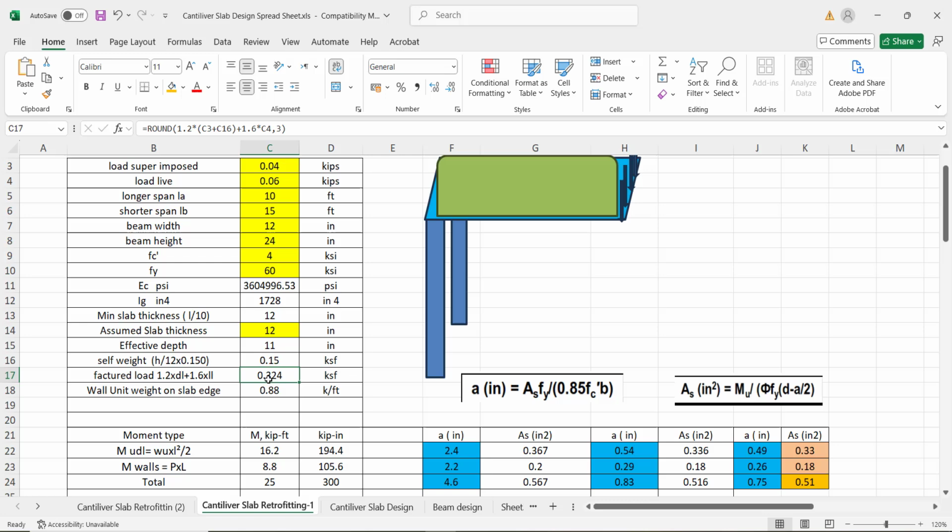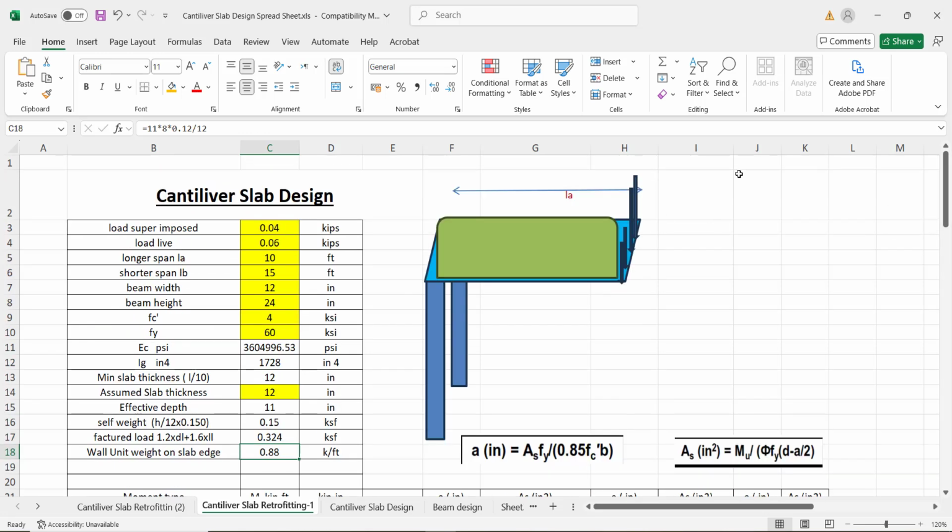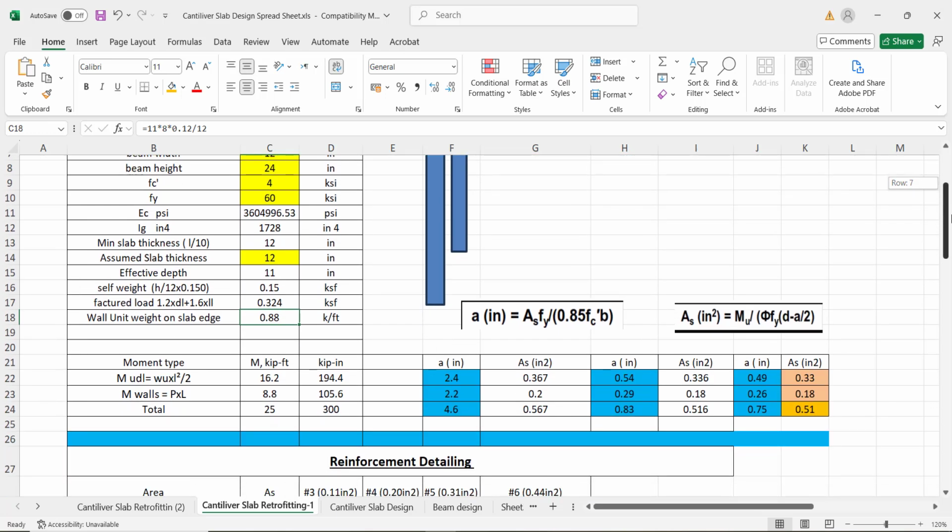This is the factored load, and this is the point load here. We discuss here that sometimes a wall is provided on the edge of the cantilever portion, so we have to calculate this as well. So this is the superimposed load, and this is the cantilever portion load.